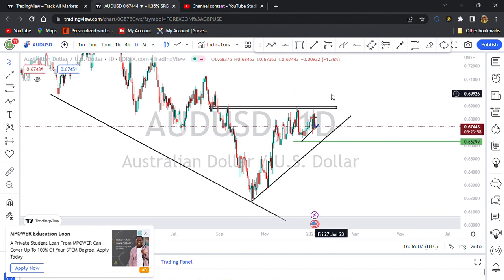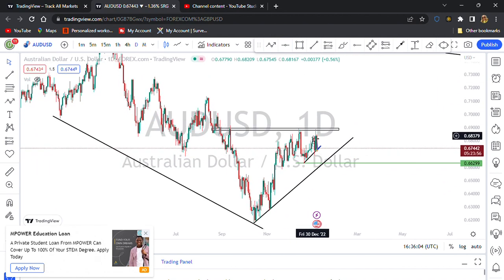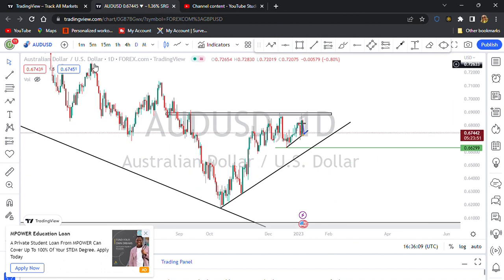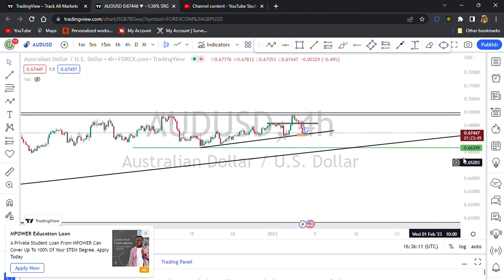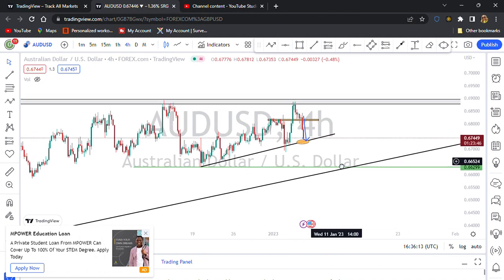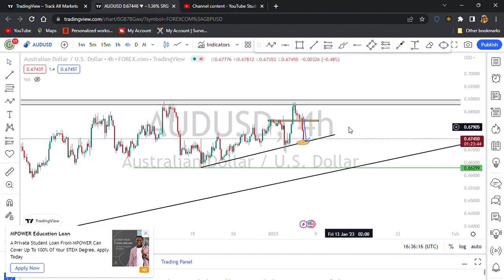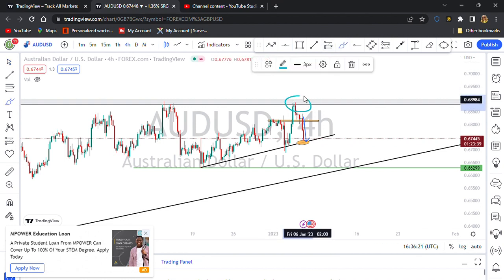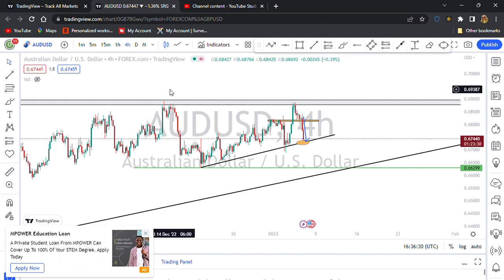So let's say we are stuck over here and the news is coming. What you are going to do is come back to the 4-hour time frame. You know that the very moment price breaks this resistance, we are going to look for buys on that spike. But the fact that price is under this resistance means there will be momentum to the downside to create lower lows and lower highs.